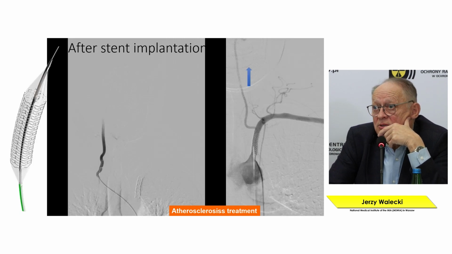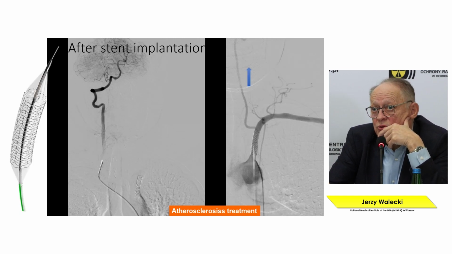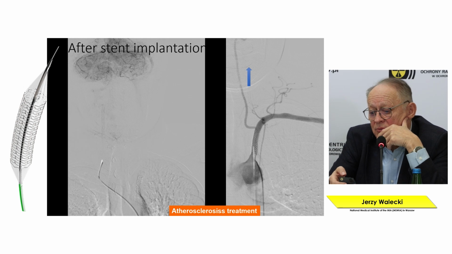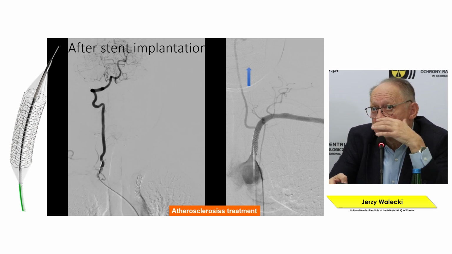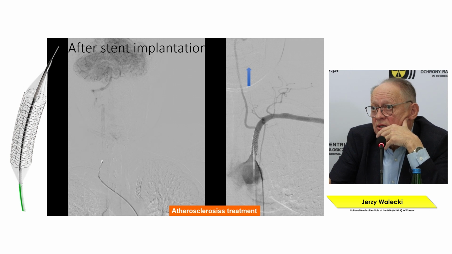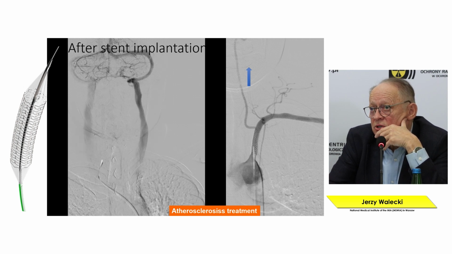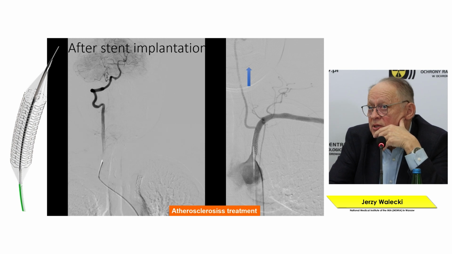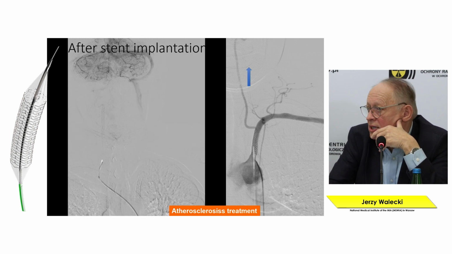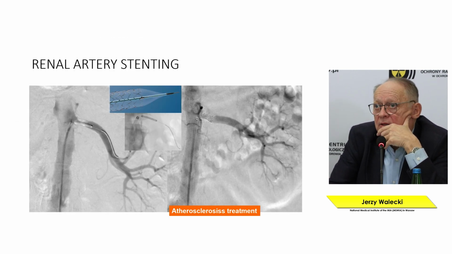And what can interventional radiology do? We can apply a catheter and a stent on the right-hand side, and we get an appropriate diameter of the artery so the blood circulates normally without this stealing, and other areas.